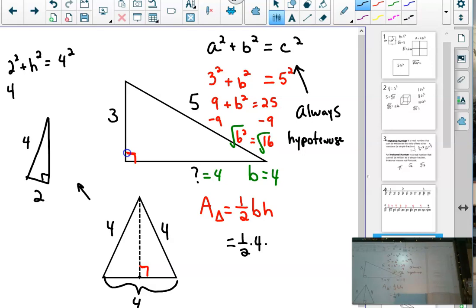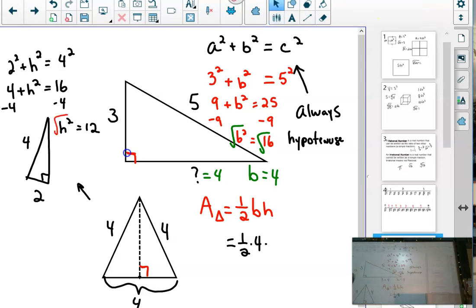So that's 4 plus height squared equals 16. I subtract 4 from both sides, and I get height squared equals 12. And as you recall from the last lesson, I take the square root of both sides. The height is the square root of 12.